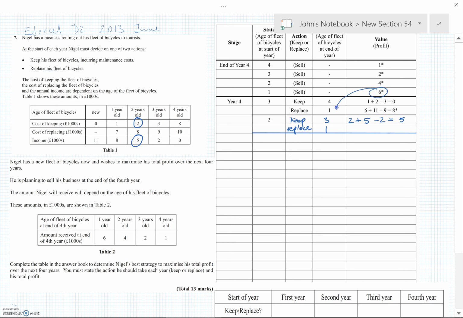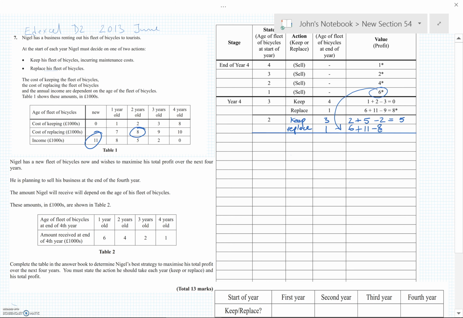So moving to the replace, which means that we've got 1-year-old bicycles at the end, that means we're pulling that 6 from before. We will have generated an income of 11 from those new bicycles, but we will have had a replacement cost for the 2-year-old bicycles of 8.